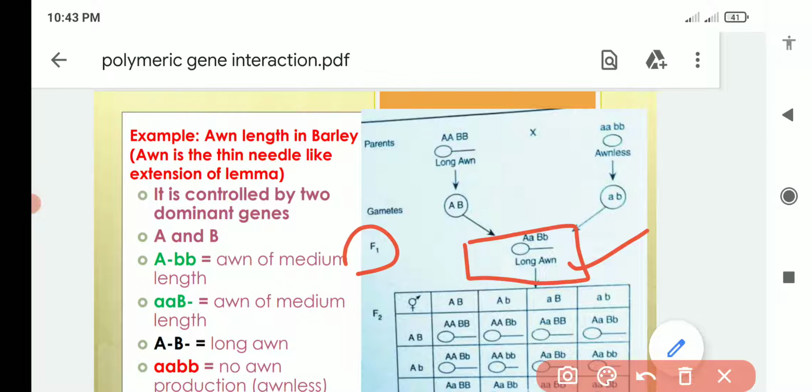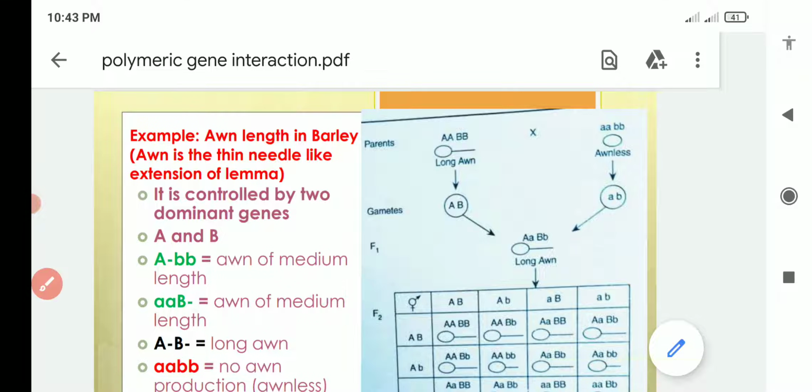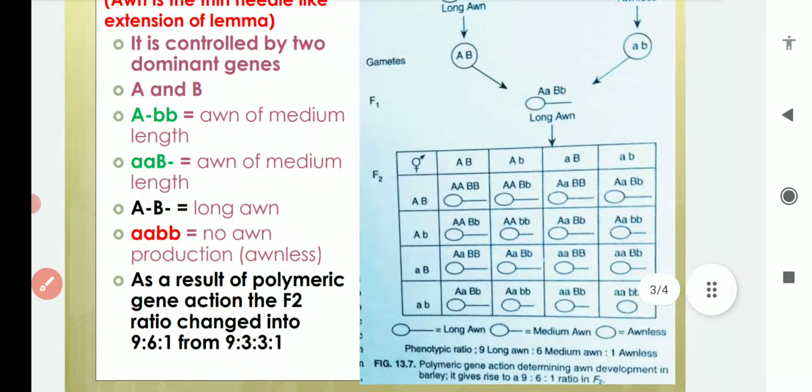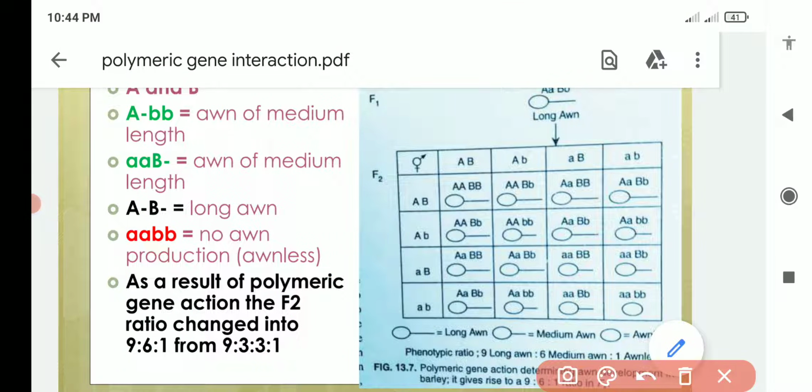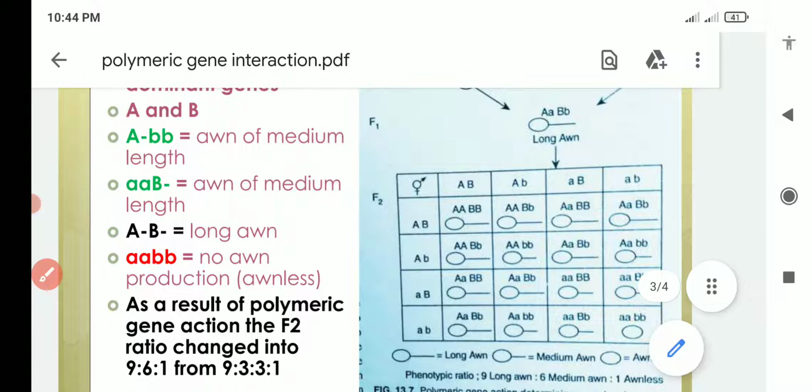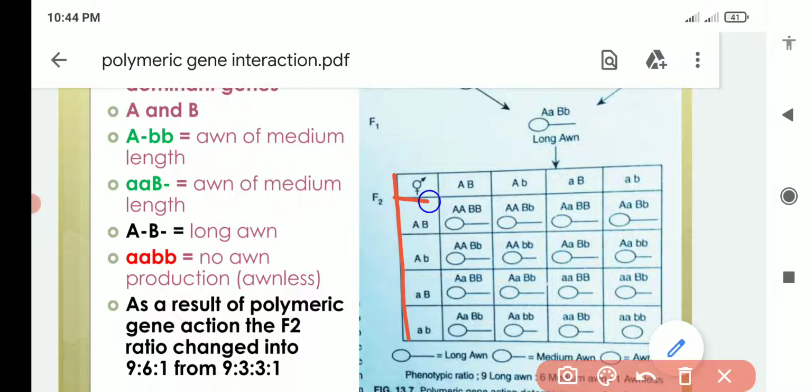Now we will produce our F2 population by self-pollinating the F1 plant. We all know that first we have to make the gametes, the male gamete and the female gamete, and they will be the same because we are doing self-pollination in the F1 plants.